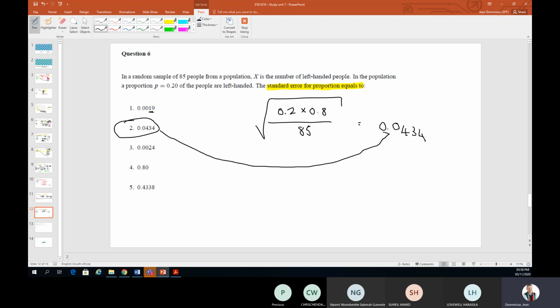So again, if you didn't do the square root, there was an option for you already. So just to once again show that they nearly have that as well.